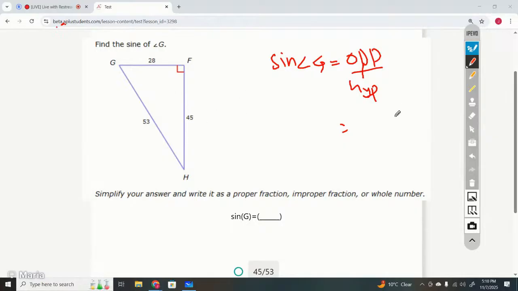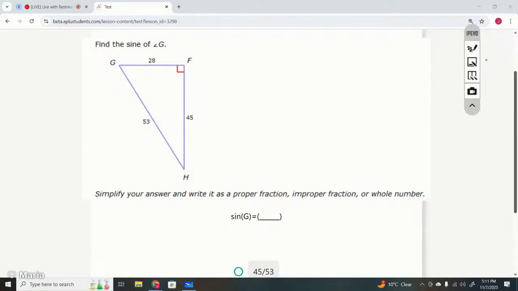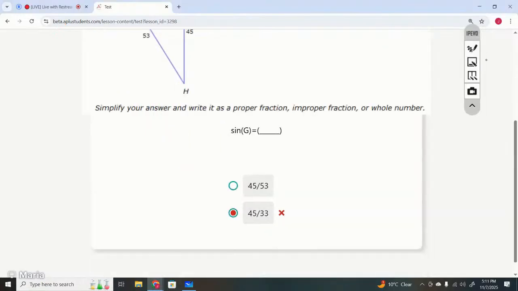Opposite is 45 divided by 53. Oh, 45 over 53.